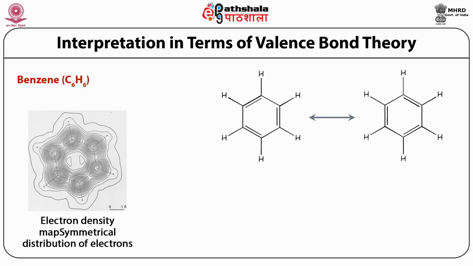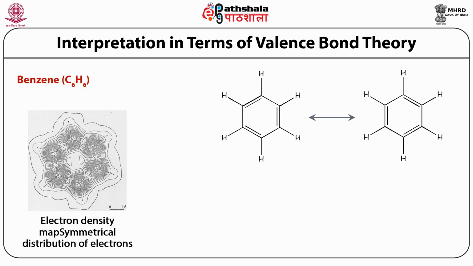This intermediate distance is consistent with electron delocalization, that is, the electrons for C–C bonding are distributed equally between each of the 6 carbon atoms.